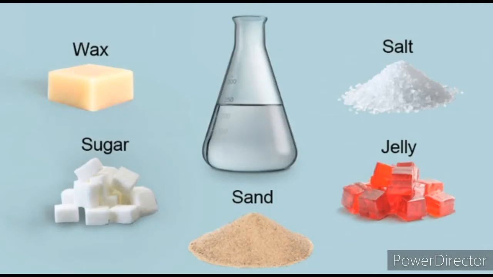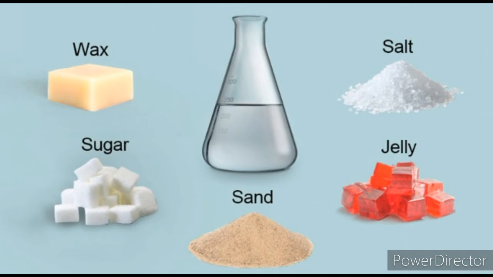Now in this activity you have to take a glass half filled with water, and some substances' names are given here, some soluble and some insoluble. So you have to mix each thing one by one in the glass, and you have to make an observation.